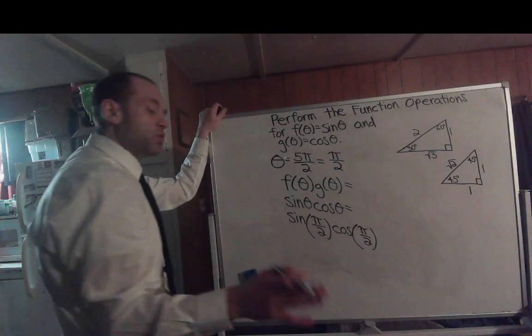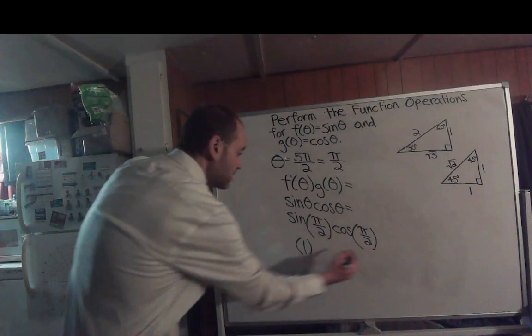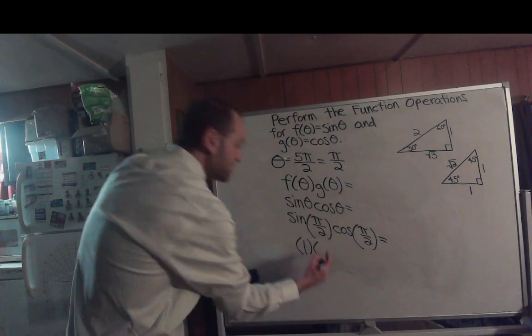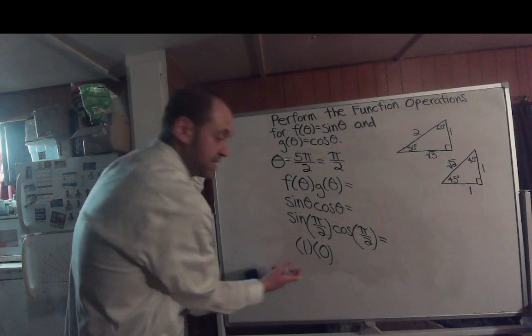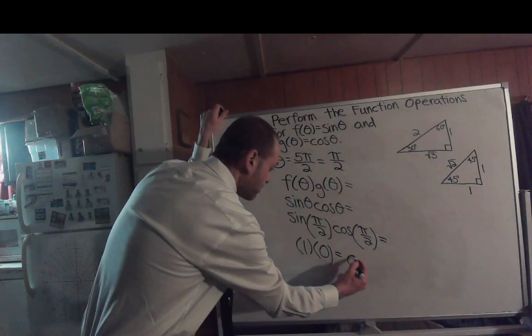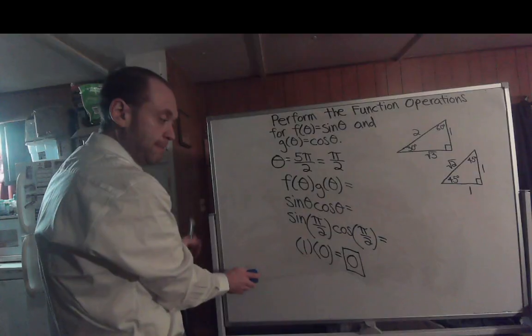Well, what is the sine of pi over 2? That's 1. That would equal 1 times the cosine of pi over 2, which is 0. Well, 1 times 0 is 0. So you also get 0 for that answer.